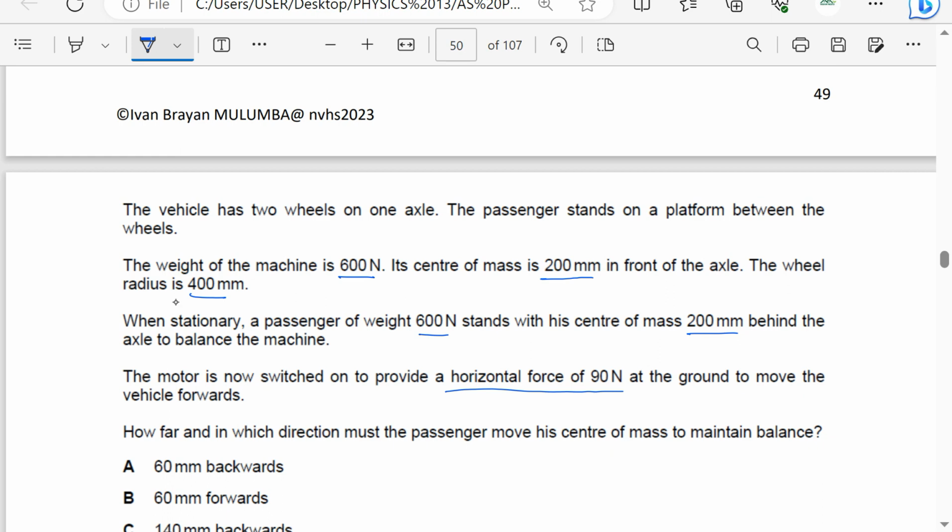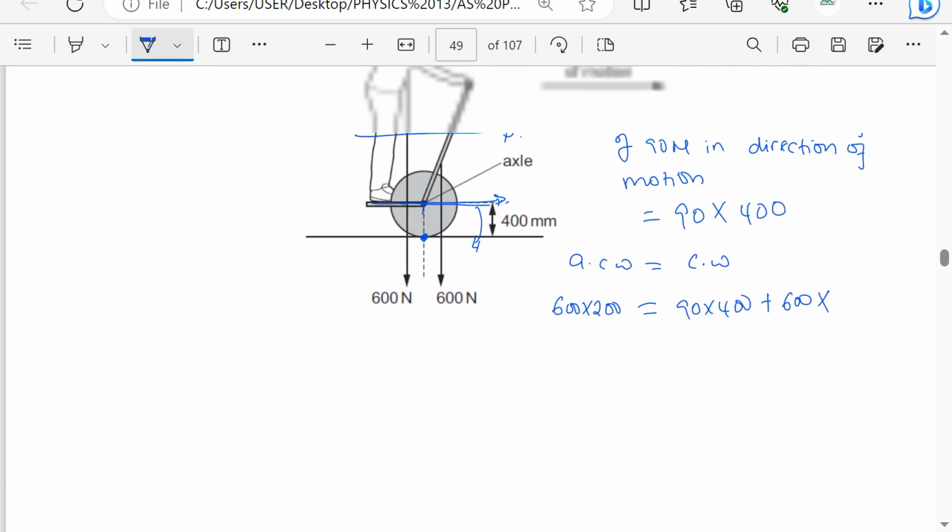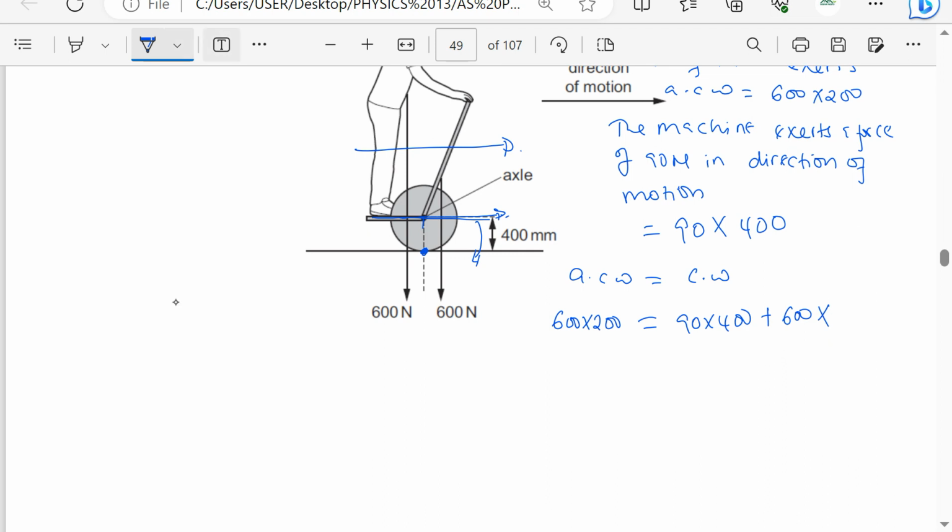The motor is now switched on to provide a horizontal force of 90 newtons at the ground. Sorry, the force is at the ground, so this is anti-clockwise, so I have to rub off this. If the force is 90 at the ground, taking moments about this center, then this is anti-clockwise.